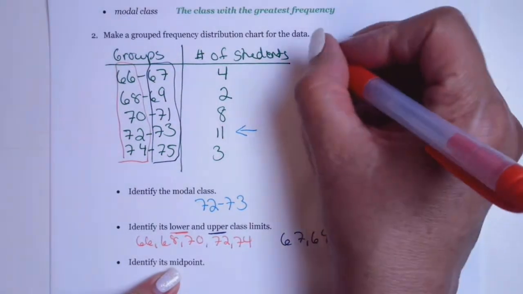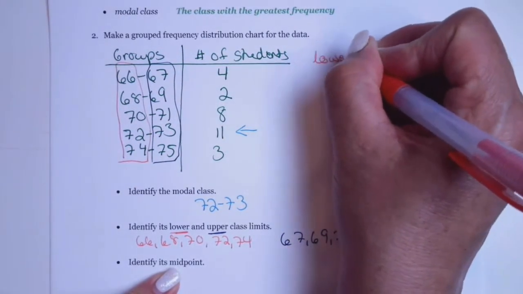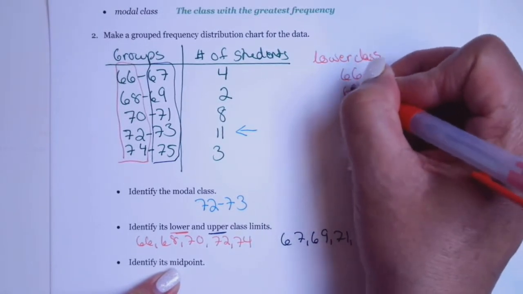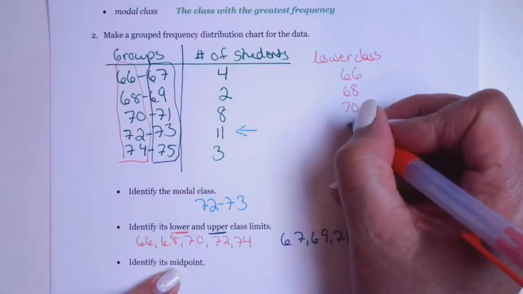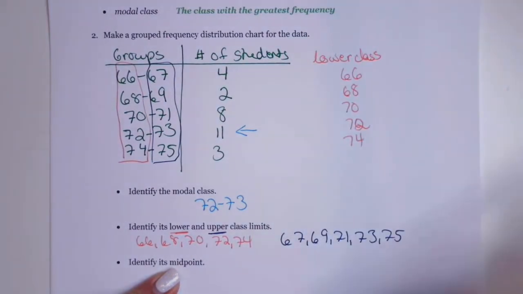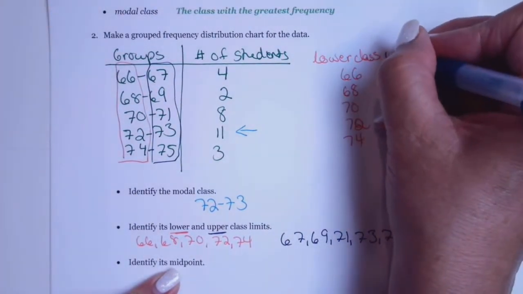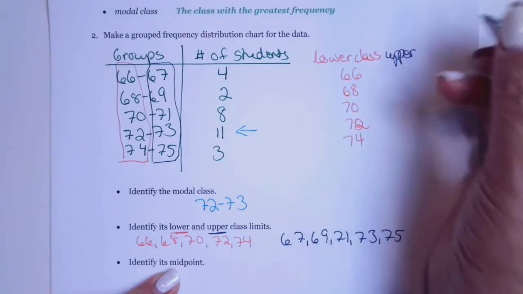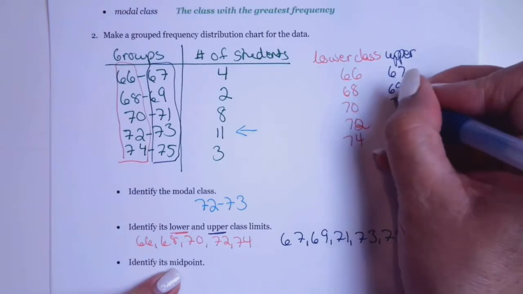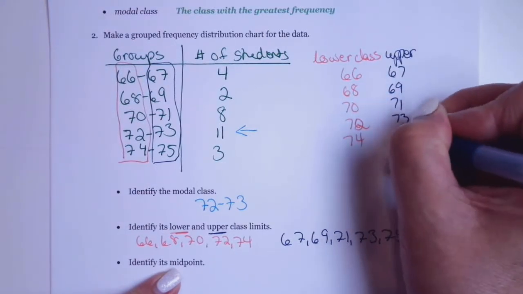So we have our lower class: 66, 68, 70, 72, and 74. And then we have our upper class: 67, 69, 71, 73, and 75.